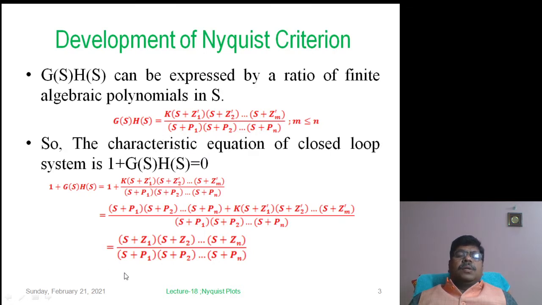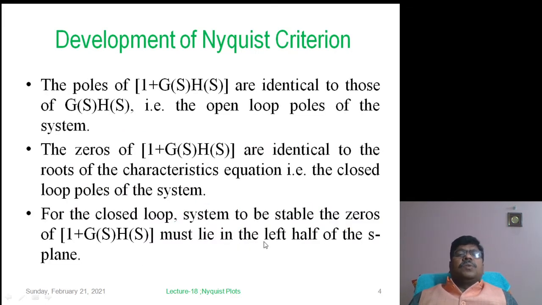The poles of the system are not going to change, while the zeros get changed. If we put 1 plus G(s)H(s) equal to 0, this becomes the roots of the characteristic equation. So, as you can see, the poles of 1 plus G(s)H(s) are identical to the poles of G(s)H(s), and the zeros of 1 plus G(s)H(s) are identical to the roots of the characteristic equation.